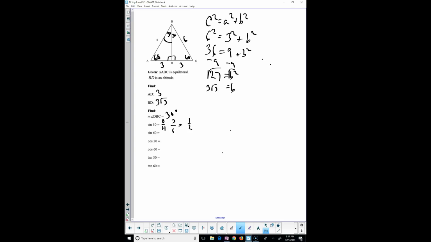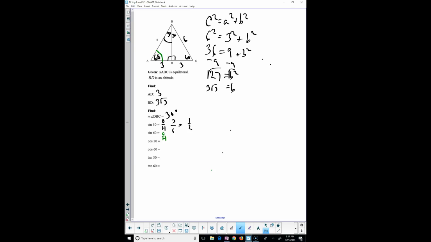The sine of 60, on the other hand, change it up a little, is still opposite over hypotenuse, but now we're looking at this angle.